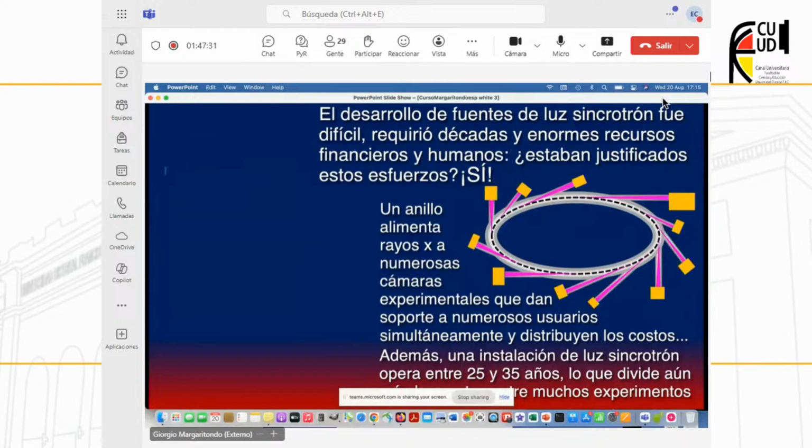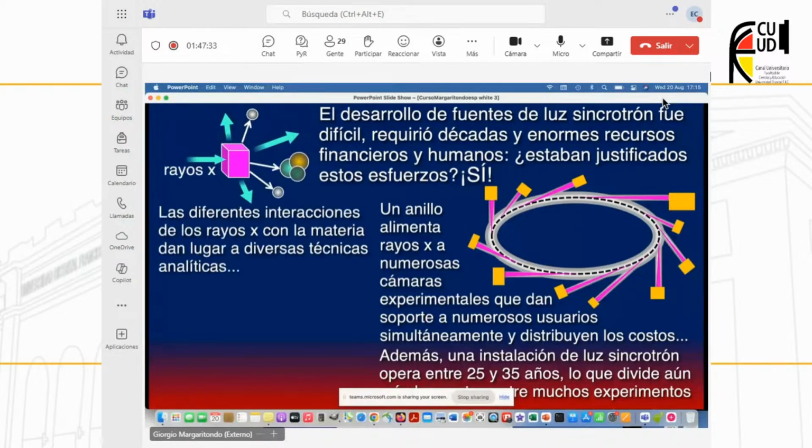And now there is the other important aspect, that there are very many ways in which X-rays can interact with matter in the form of molecules or solids. And each one of these physical or chemical mechanisms can be exploited for different kinds of applications.